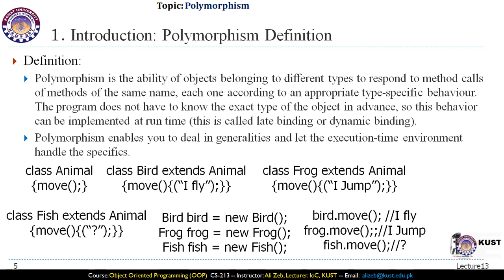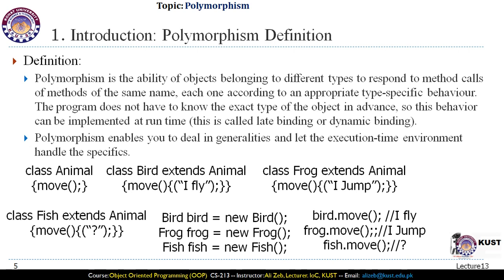And if we call the move method on the frog object, the frog should jump, or a print statement should appear on the screen. And similarly, when we call the move method on the fish object, the object should start swimming. So we are calling exactly the same method on three different objects, and we are getting three different kinds of results.